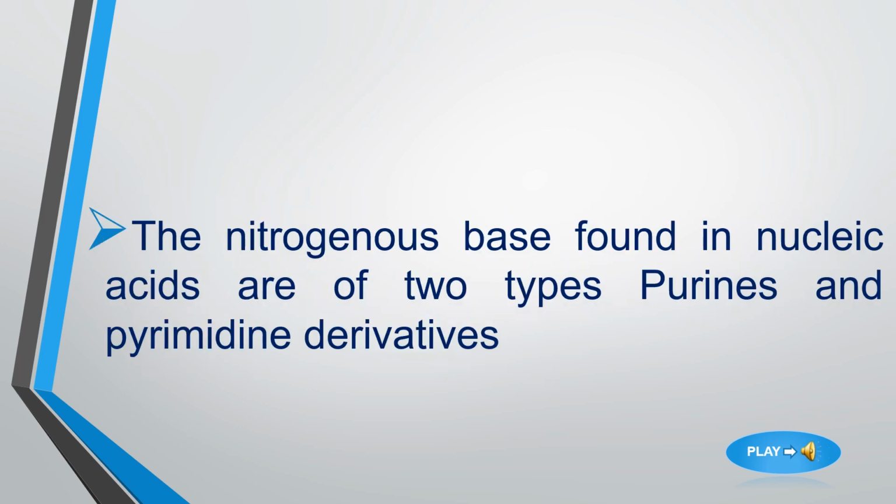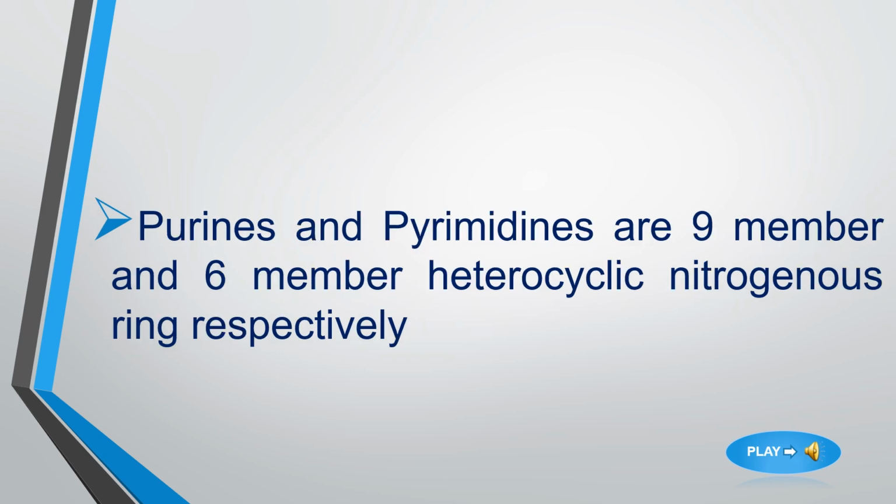The nitrogenous bases found in nucleic acids are of two types, purine and pyrimidine derivatives. Purines and pyrimidines are 9-member and 6-member heterocyclic nitrogenous rings respectively.